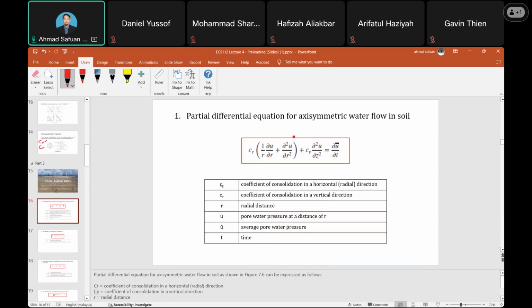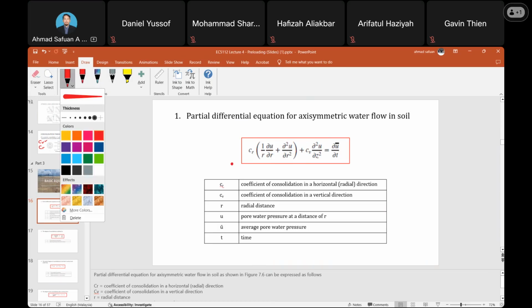So let's say if we don't have any vertical drain, then we rely on this equation to get the water flow during the preloading process. What is CR?